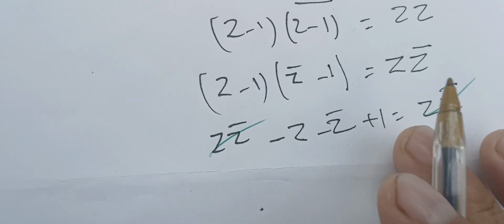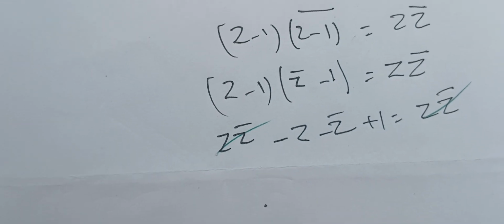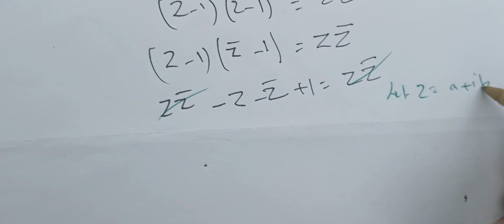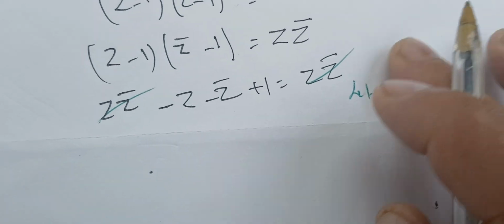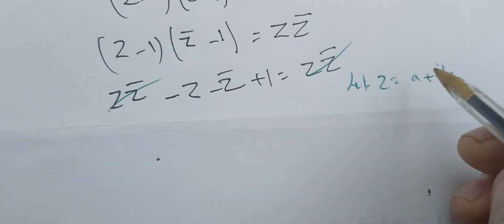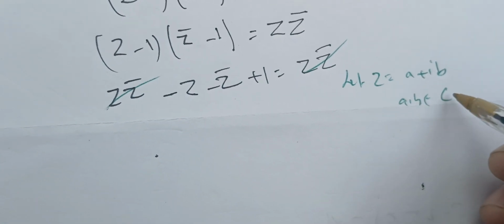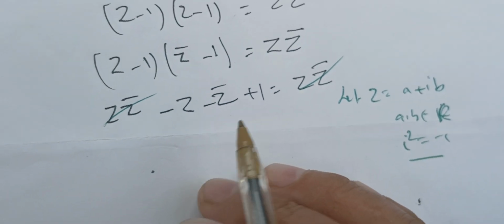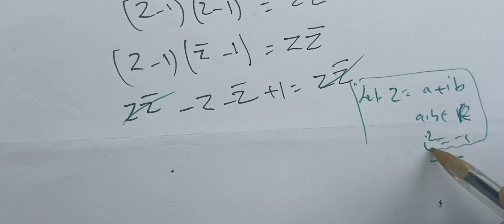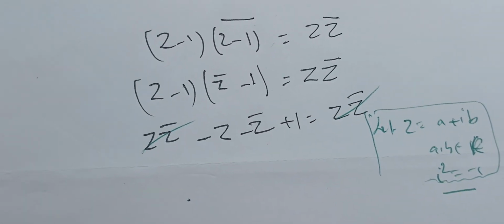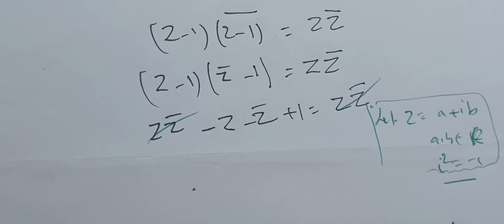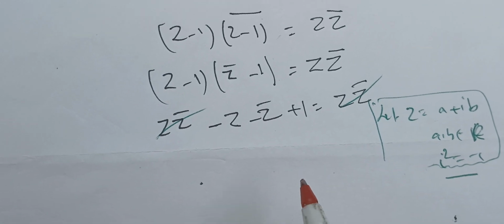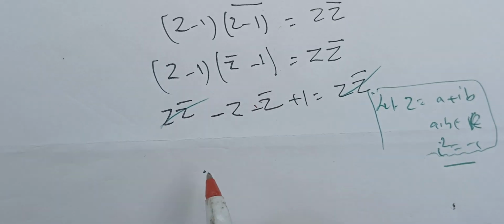Okay, and now to simplify the computation, we will let z be a plus ib, because any complex number can be written in this form, with a, b in R and i squared is minus 1. Okay, we remember this one here. Okay, now we can solve using this writing of the complex number to find our z.